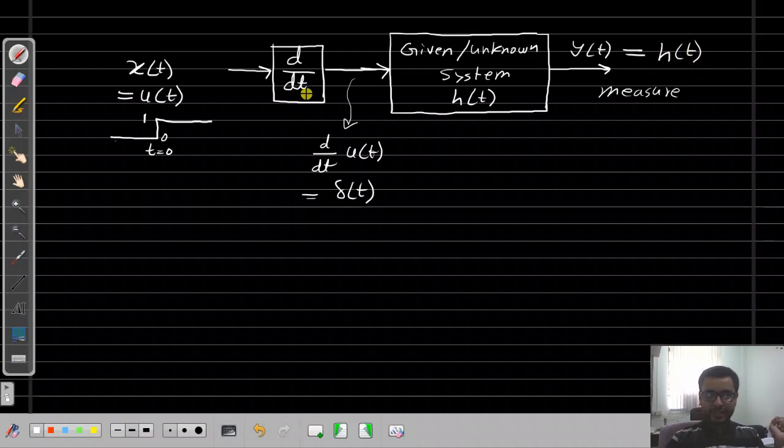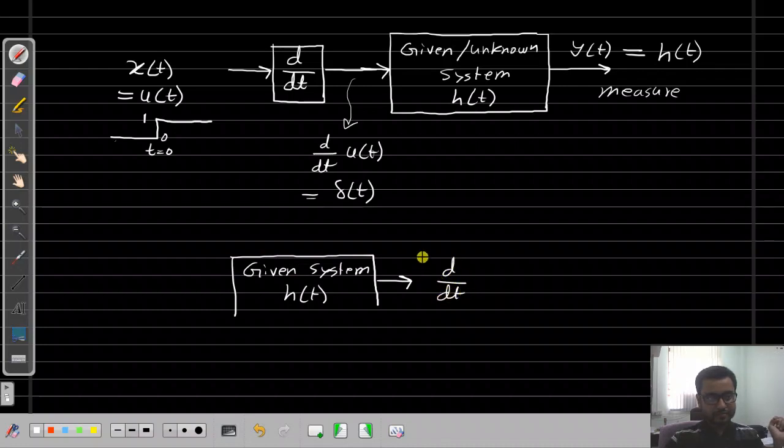Now in theory we have already learned that we can swap the order of these two systems. So now imagine that we have the given system first here, and then it is connected to the differentiator.